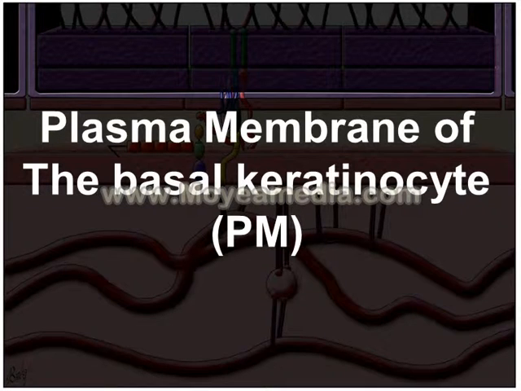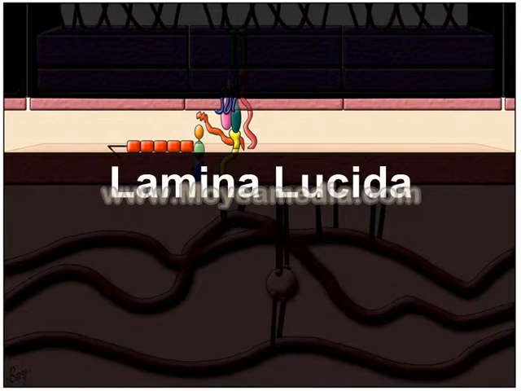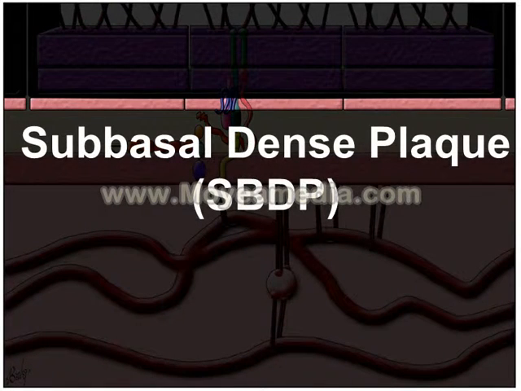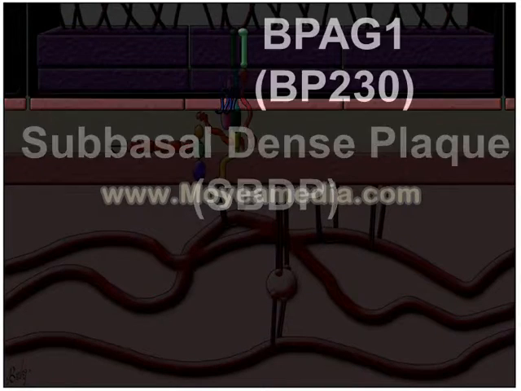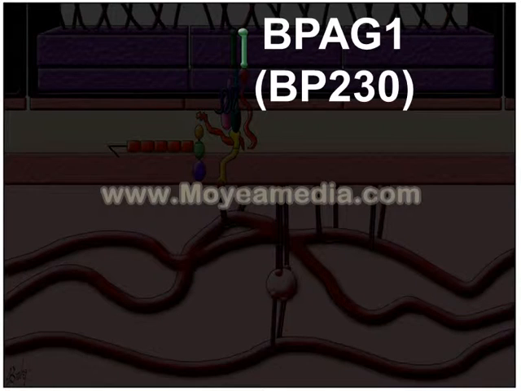The plasma membrane of the basilar keratinocyte. Below that, the lamina lucida. The subbasal dense plaque. Bullous pemphigoid antigen 1 is an intracellular component. That's the BP230 antigen.